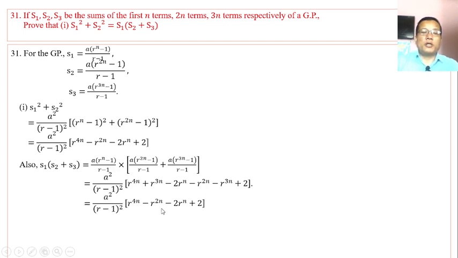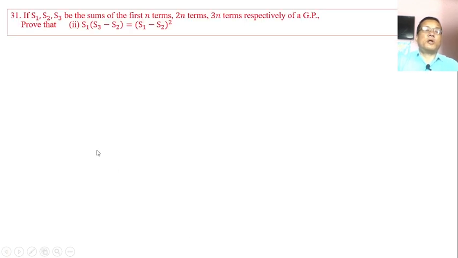Simplest form of the left and right. Therefore left hand side is equal to right hand side as Roman number 1 equals Roman number 2.